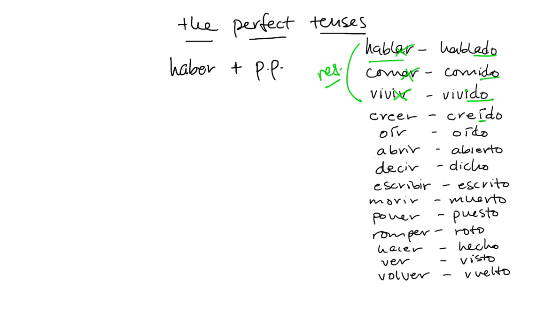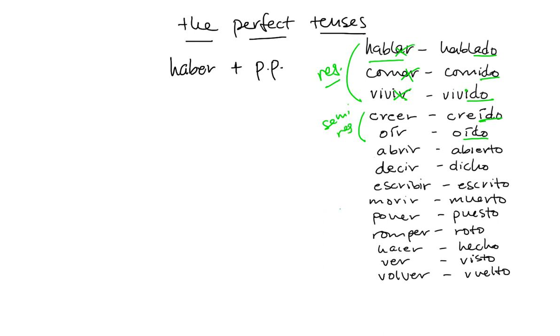Otherwise, you would have just the E and the I together. That would become a diphthong and you'd get one syllable. But since the original verb is creer, we want creído. Oír similarly has the written accent in the infinitive. Therefore, we get oído. Okay? So these fit into a semi-regular category.